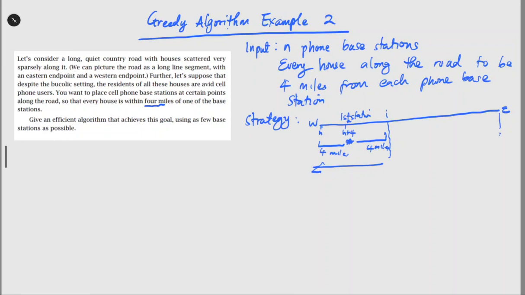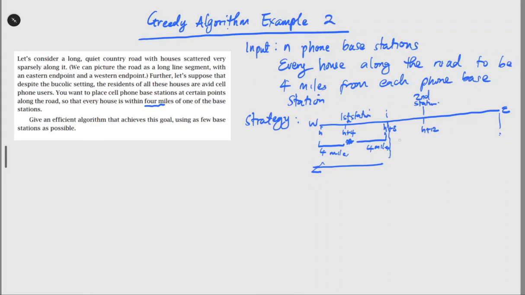So to repeat this, just like we did for the first one, let's say this is H plus 8 here. So I'm going to count 4 miles from here, which is H plus 12. So this is where I'm going to have my second station, right?